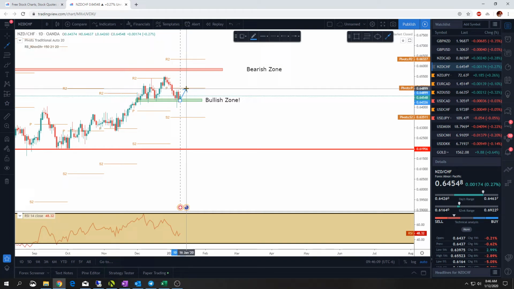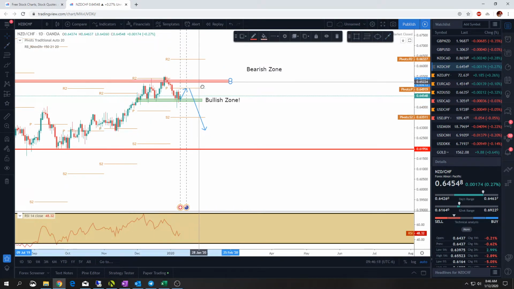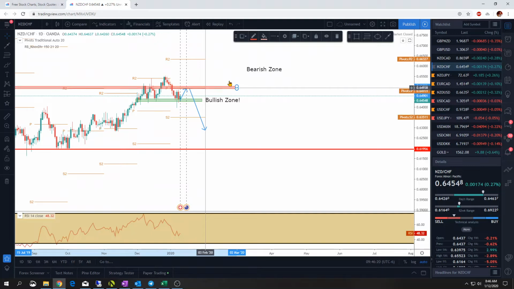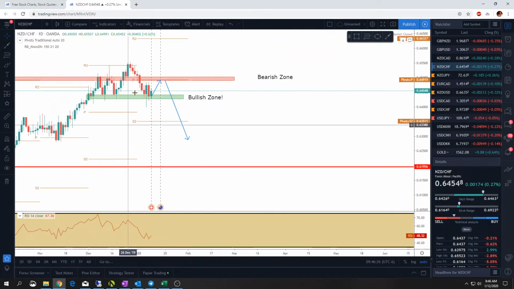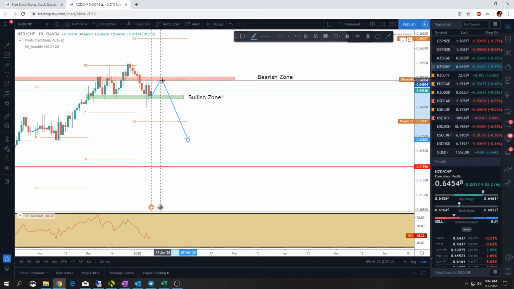So kind of what I'm looking at this pair this week is this type of move. So I'm going to get bearish here. Do you guys see that? It's not a bad play to go bullish here, at least up to this pivot, and then get bearish at the pivot.